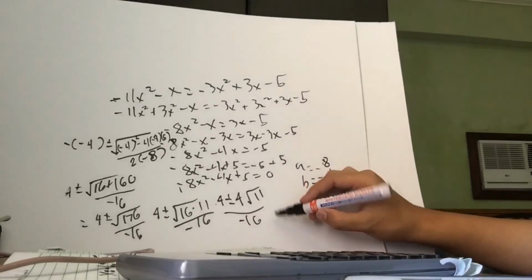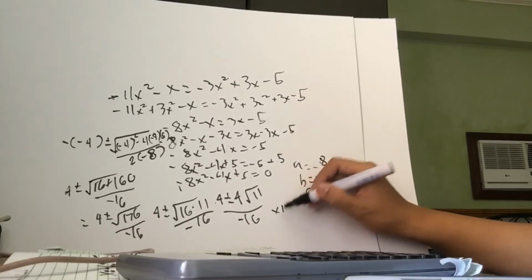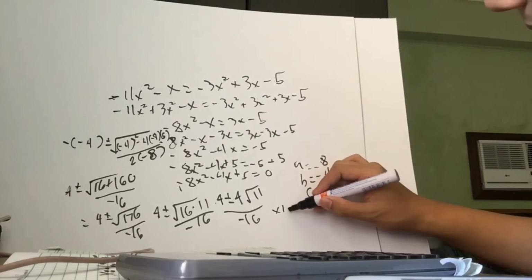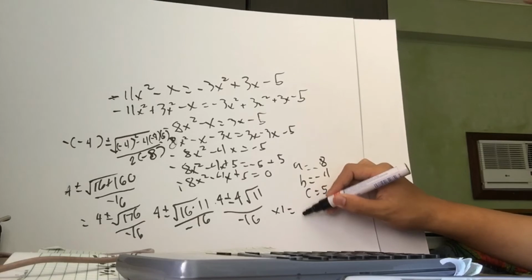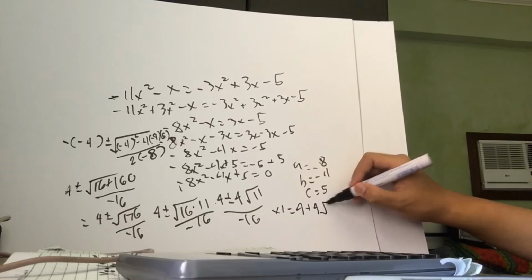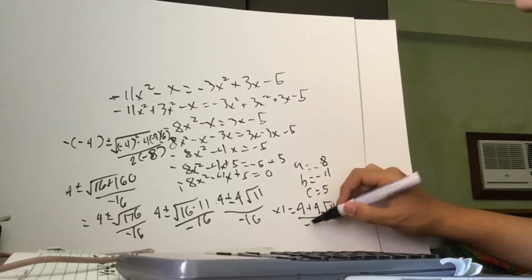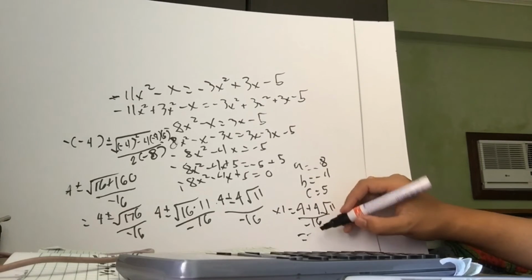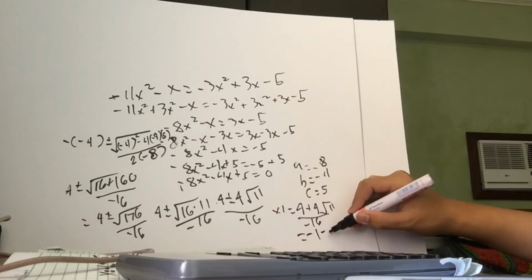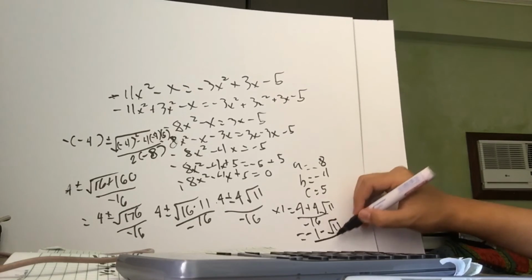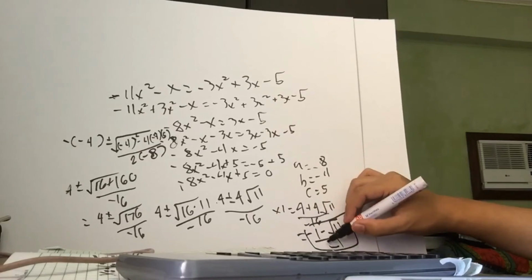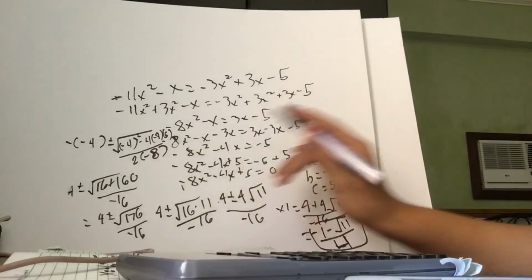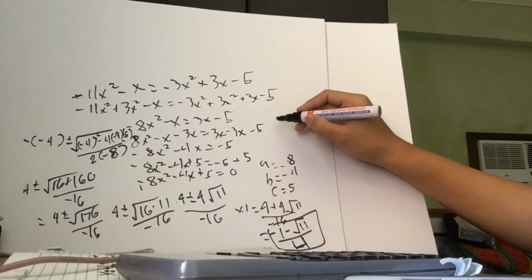Then we'll have to find the x of 1. So we would get this is our x of 1, this is 4 actually, our x of 2.